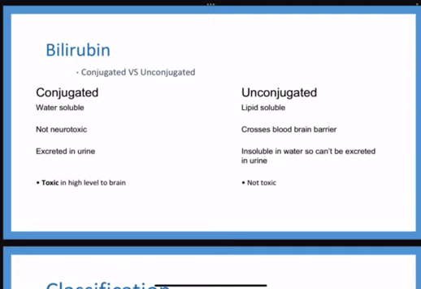Conjugated can sometimes be toxic. What I mean is if you have overwhelming levels of bilirubin production, for example a hemolysis crisis, and your body can't produce enough UDPGT enzyme to conjugate this level of bilirubin, part of it will still be unconjugated, even though you have no problem with conjugation, because your hepatobiliary system and liver enzymes are overwhelmed. So sometimes a portion of it becomes toxic because it is unconjugated.